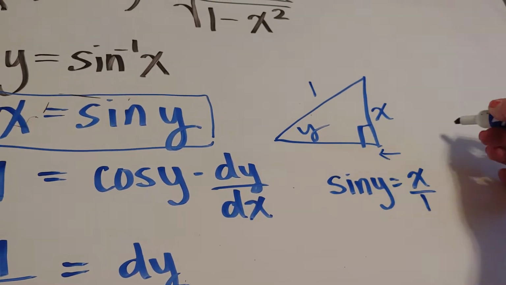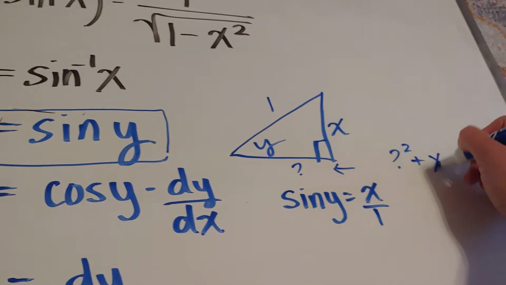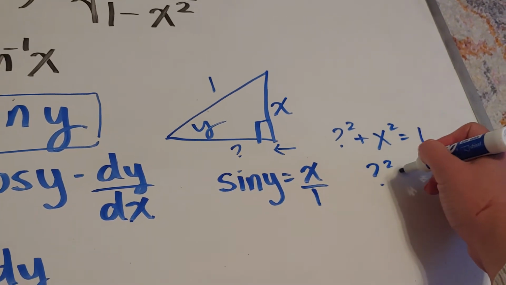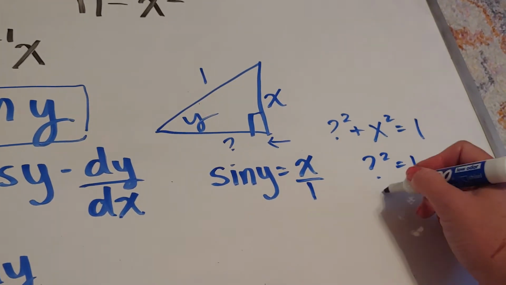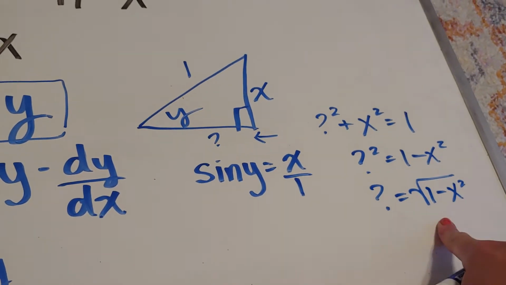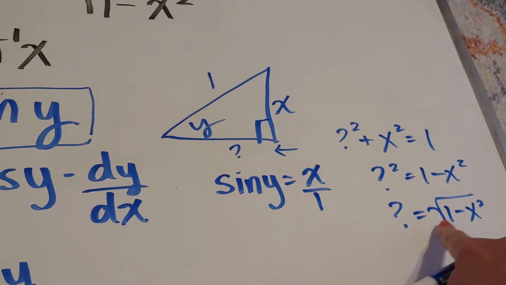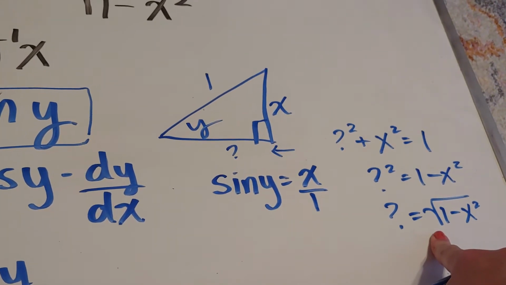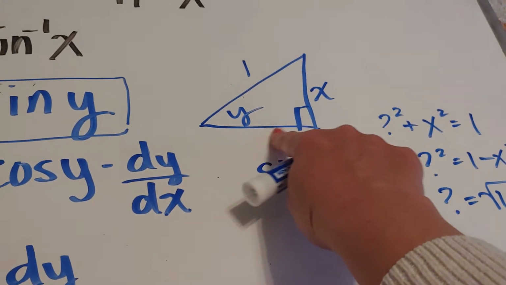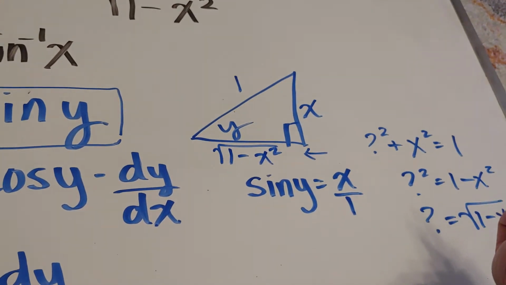If I solve for this missing side, I'm going to get that it is equal to the square root of 1 minus x squared. Now, some of you may be thinking, should I write a plus or minus? We always think of length as positive, so no, we'll just write a positive root. So this is my missing side. That's all fine and dandy, but where does that land us?